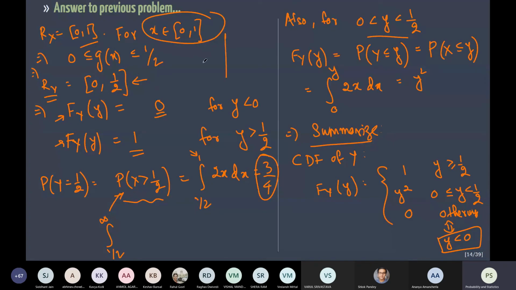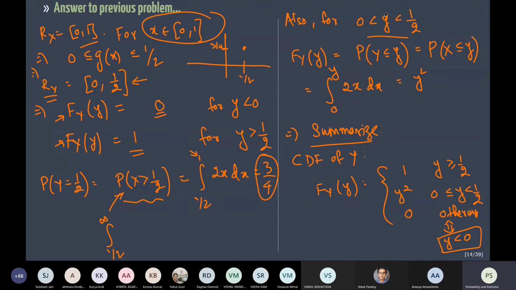So we are looking at the nature of this CDF, right? At half, what we have is 3/4. So somewhere it is 3/4 here. Okay, and we went ahead and looked at values of y greater than 0 and less than half. So F_Y(y) is the probability that Y is less than or equal to y. These are all definitions.